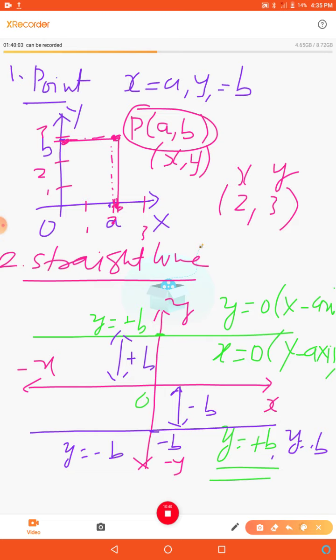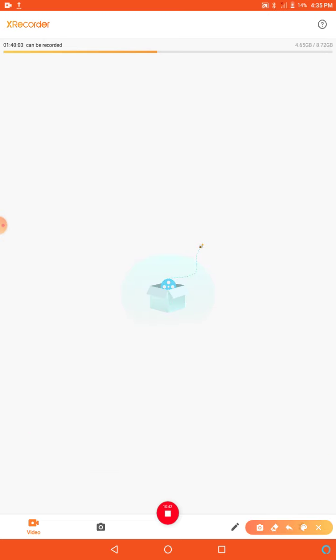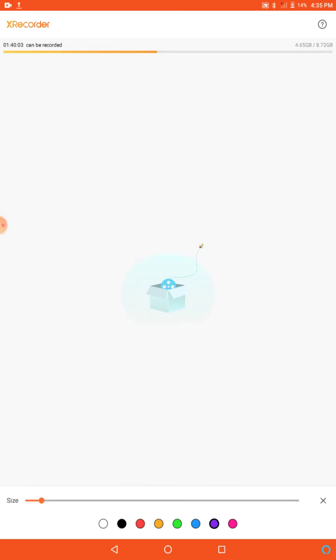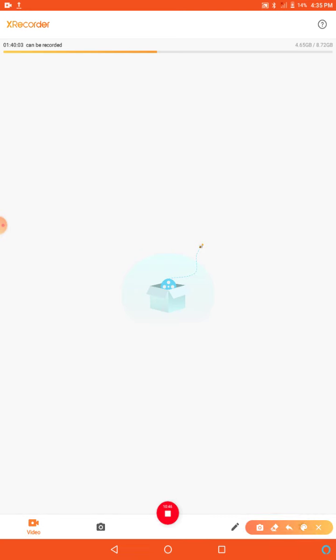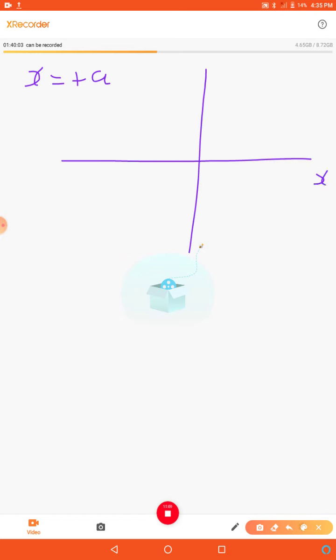Next, we have another graph, where we have y is equal to plus b and y is equal to minus b. Then we can have x is equal to plus a. This is the x-axis, this is the y-axis.